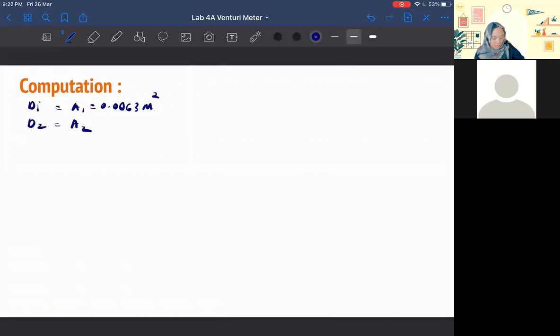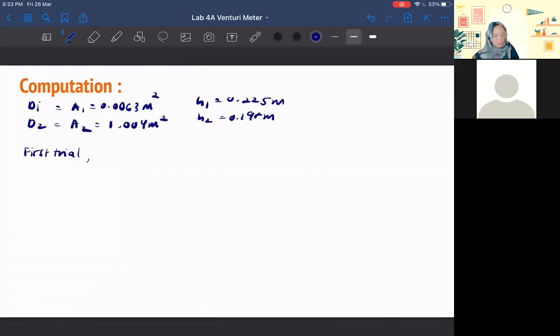So I get the area outlet which is equal to 0.004 meters squared. So this calculation is for the first trial. Given also H1 equals 0.225 meter and H2 equals 0.198 meter.